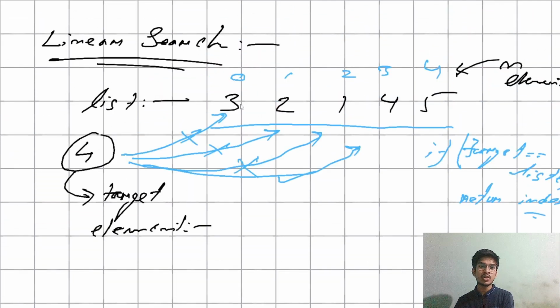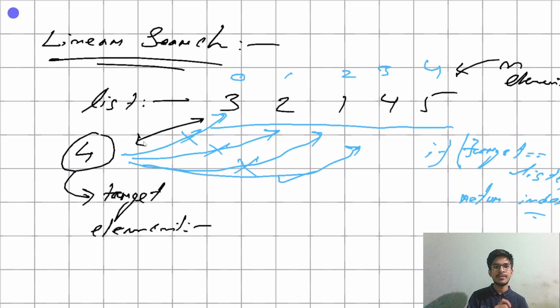It is traversing through the whole list of n elements. It has to traverse the whole list. That's why its time complexity is big O of n. And in the best case, suppose we want to search for 3. In the first comparison only, it will find it. So if this one is 3, it will find it in the first search only.